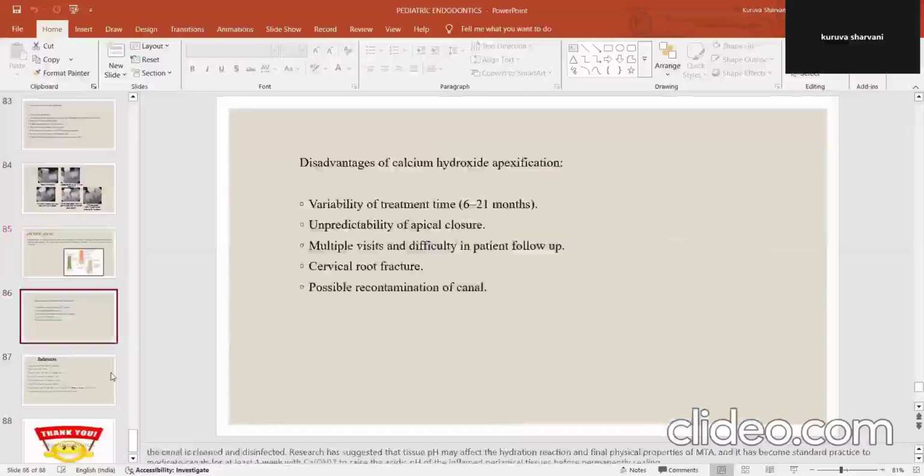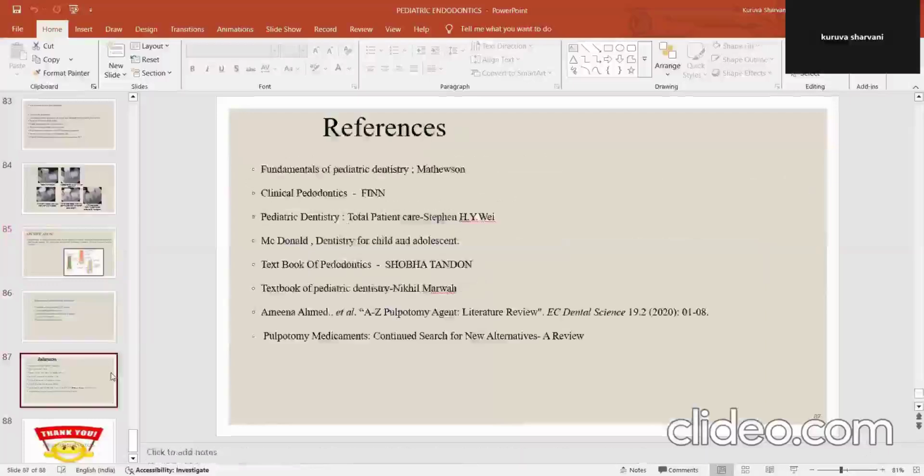Coming to the conclusion, broadly the pulp therapy is divided into 2 types, vital and non-vital. Vital pulp therapy includes direct pulp capping, indirect pulp capping, and pulpotomy, and non-vital includes pulpectomy, followed by apexification. Apexogenesis also comes under vital pulp therapy.